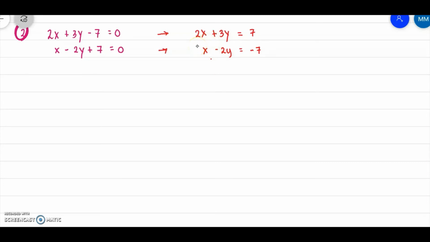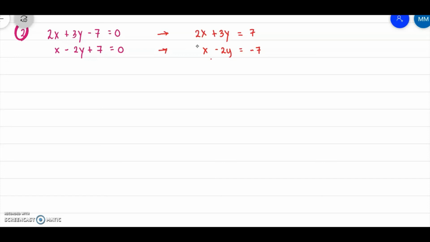Since both of our variables can't be eliminated right away, we need to multiply one of our equations by an integer that can make one of our variables be eliminated. In this system, let's try to eliminate the variable x. Here 2x and x.